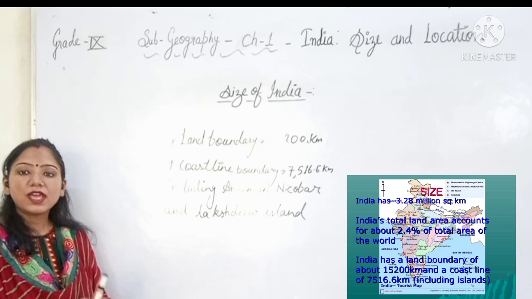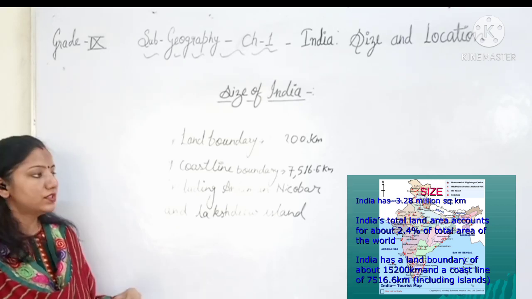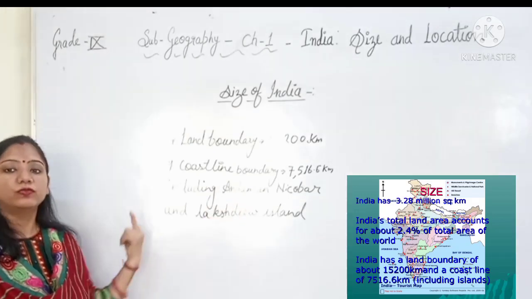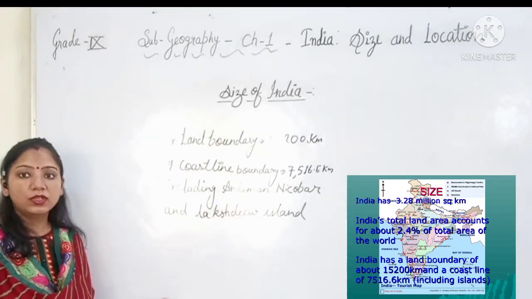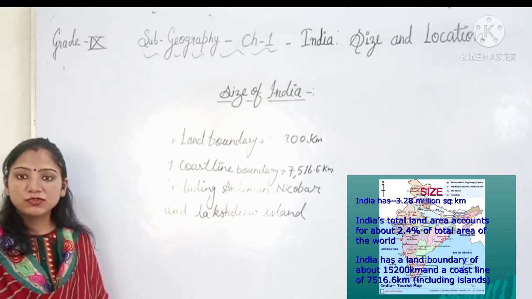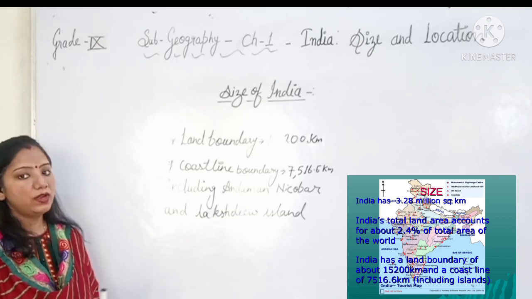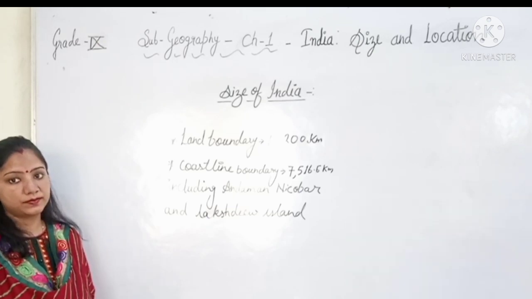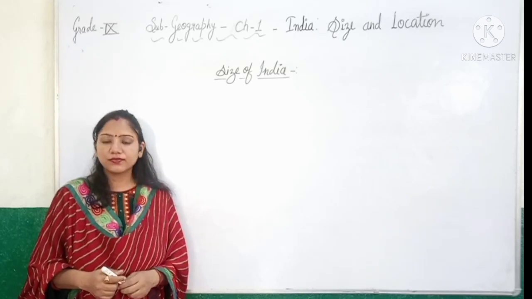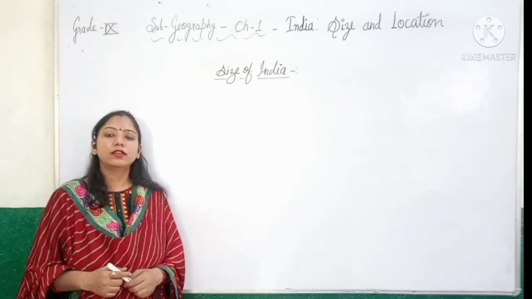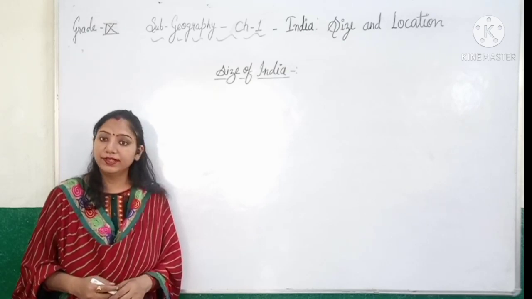Then inside our country, what is the distance from east to west and from north to south, and the time zone of our country and where it is situated. Now let's see the distance from east to west, north to south and the time zones of our country.